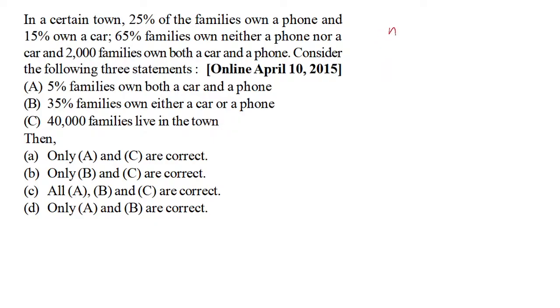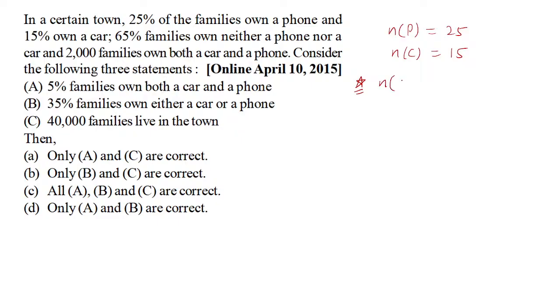So here, the number of people or families having a phone is what, 25%. So let me take it as 25. Having car, 15. Having neither phone nor car. Yeah, so here, in case you are able to think, good. In case you were not able to think, let me help you here itself about this concept, which is called De Morgan's law.